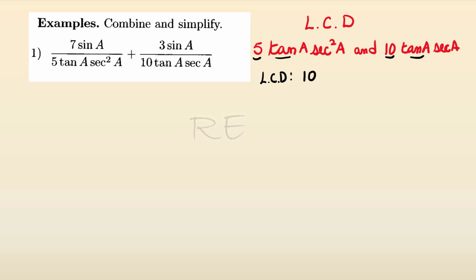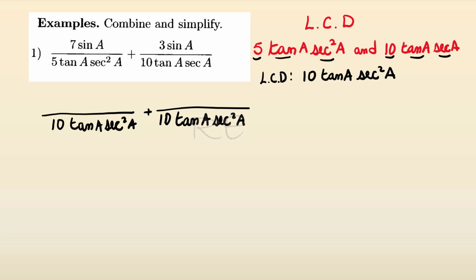Between 10A and 10A, the LCD is 10A. And between secant squared A and secant A, the LCD is secant squared A, because secant squared A is secant A times secant A.